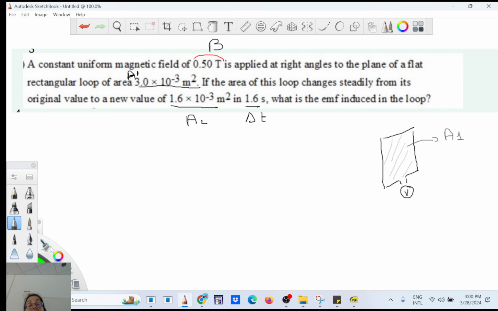So the magnetic field does not change. Okay, so you have a magnetic field here poking through. Let's say I'm going to make three lines. And what they do is that they decrease the area. So now it's a smaller area.